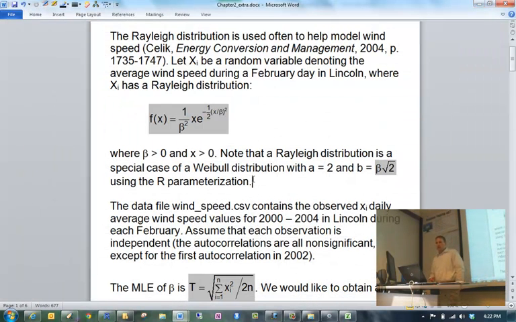And what I would like to do is use the Rayleigh distribution with this data. You notice with the Rayleigh distribution here, there is one parameter, beta. And what do you want to do if you have a parameter? Estimate it. Find its distribution. Do some inferences about what the true value of beta is. You can maybe put it into the context of, let's say, particular companies trying to decide, well, should they put a wind turbine here, or a wind turbine there.